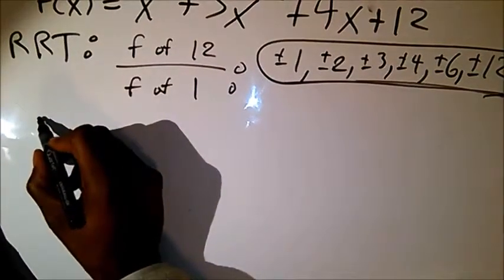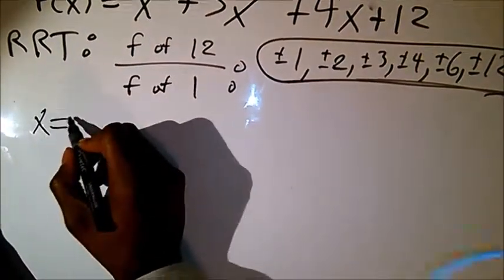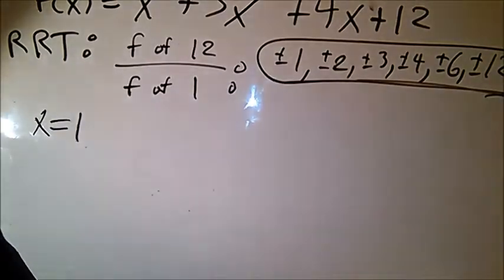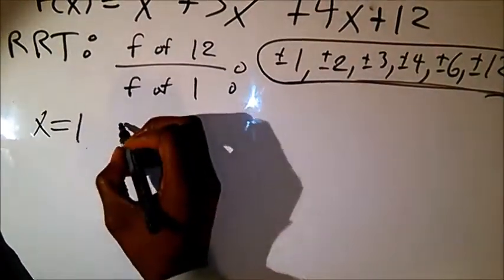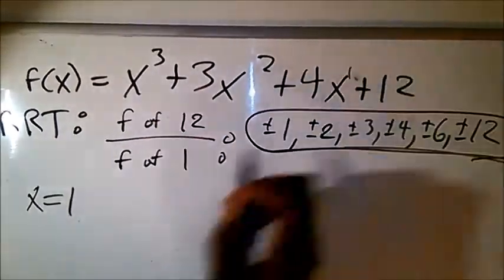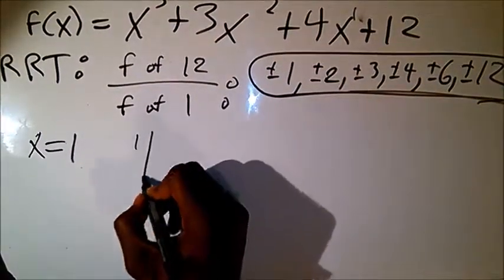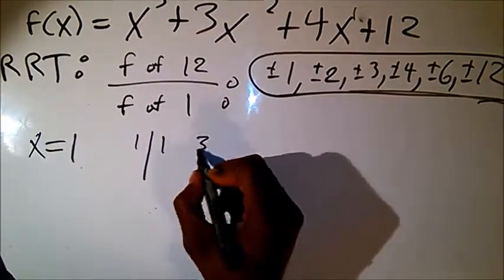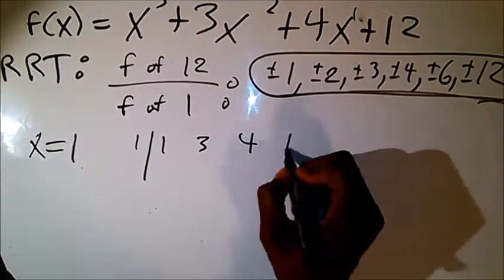So let's try x equals 1. And powers are in descending order: 3, 2, 1, good, 0. Excellent. 1, 0, 4, 12.